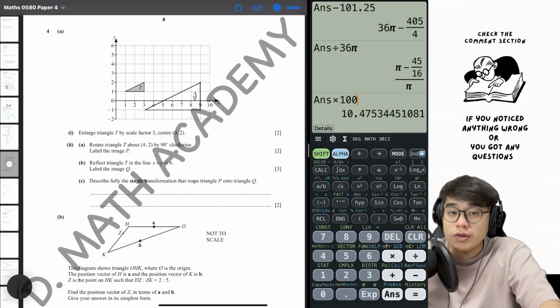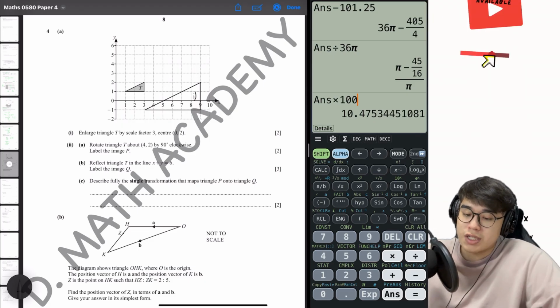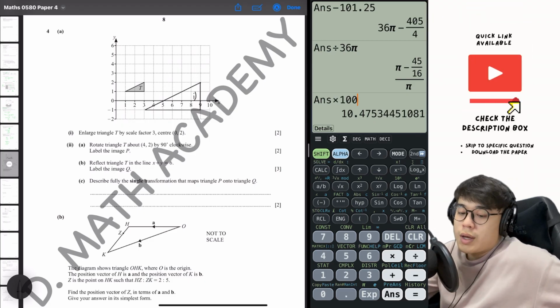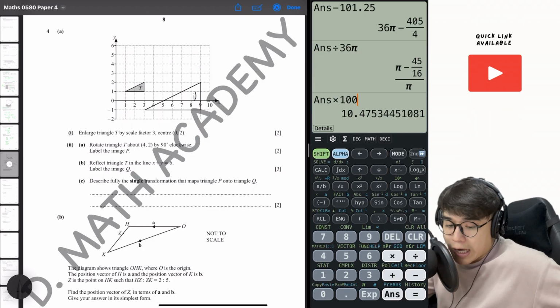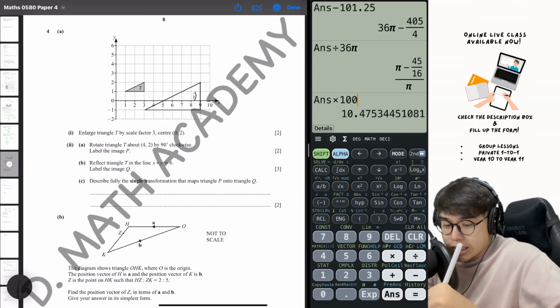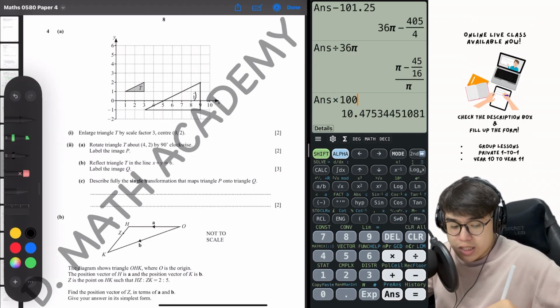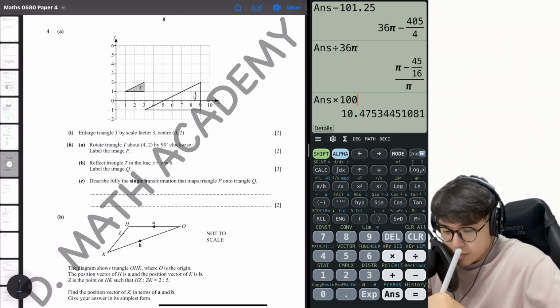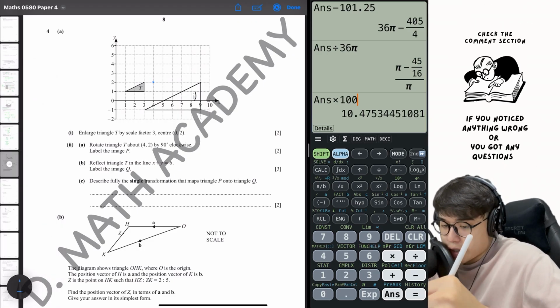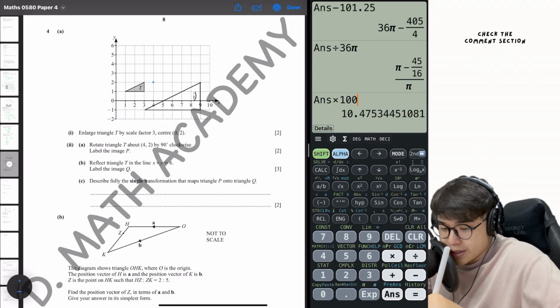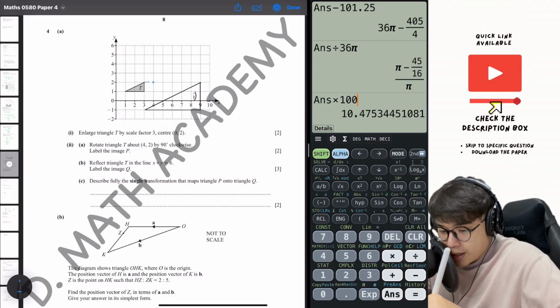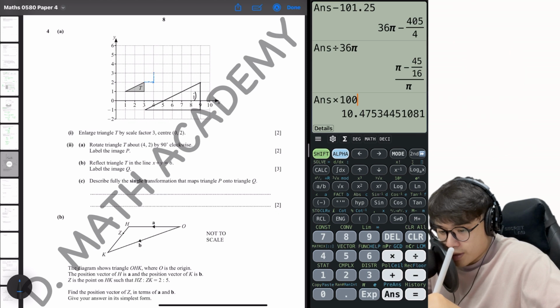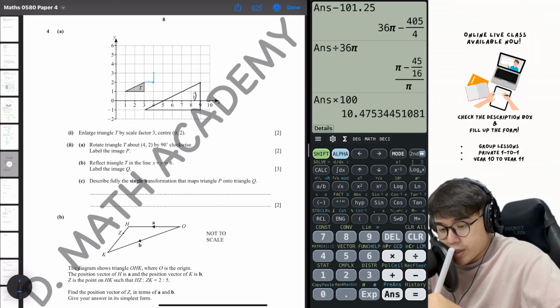Okay, moving on, they ask us to rotate the triangle T about 4, 2 by 90 degree clockwise. So 4, 2 is actually located here. Okay, 90 degree clockwise means this point after 90 degree shift, it would have been here. So with this information, I think I can trace out the next point.